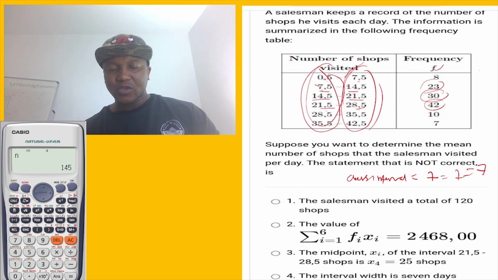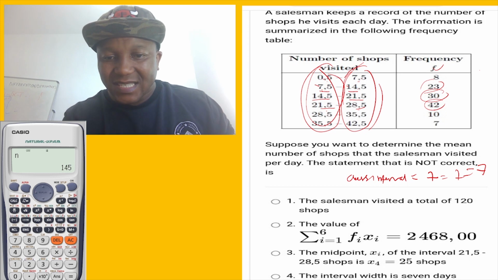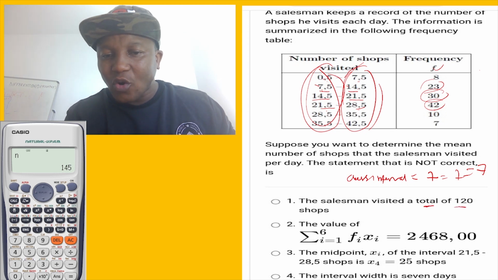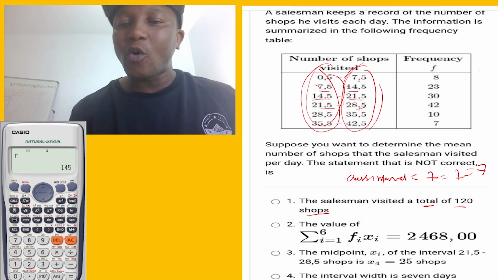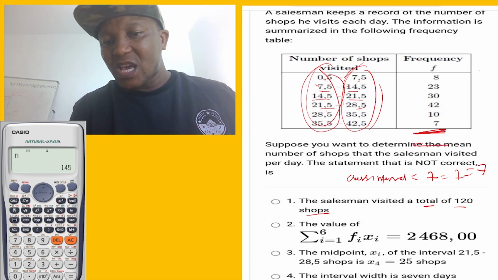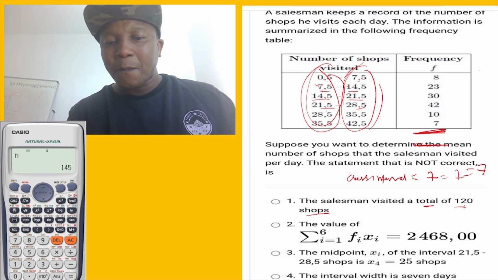Now, let's go to the question. The salesman, this is the total number of shops. So they want the total frequency, which means we must add all these frequencies to see if it's true that it gives us 120.